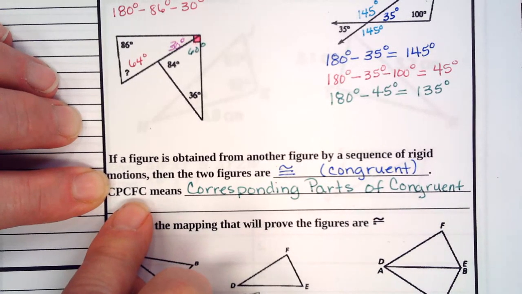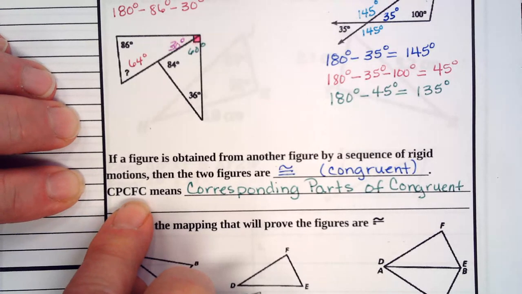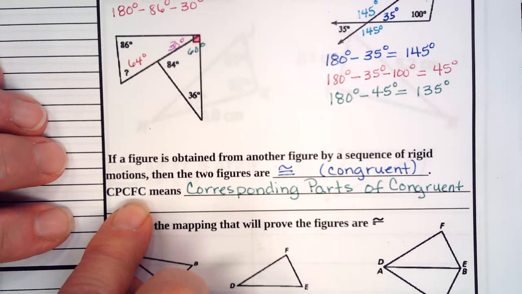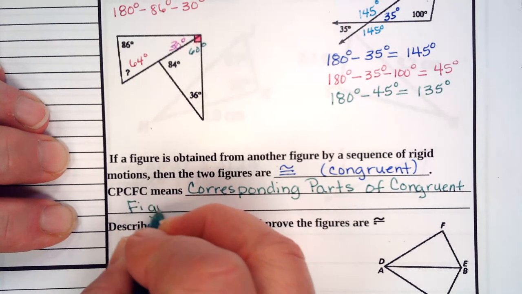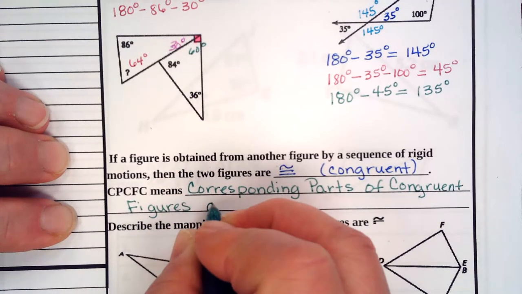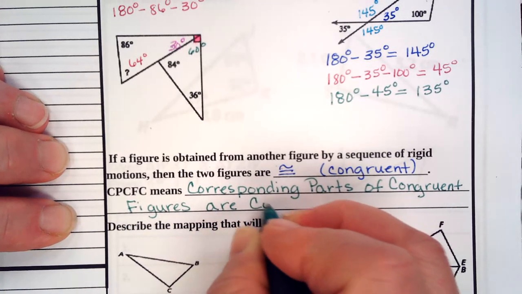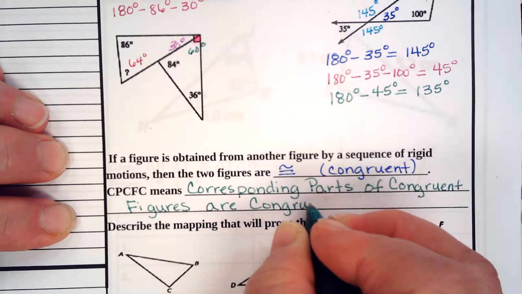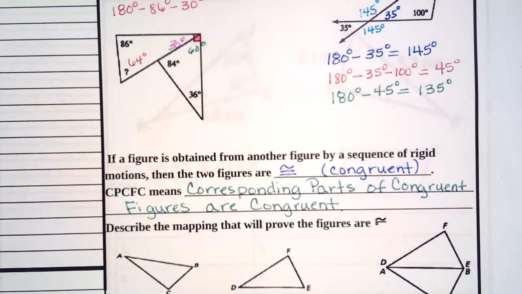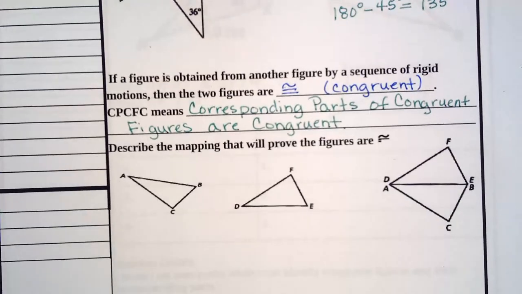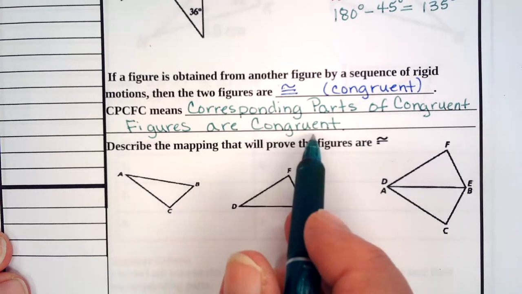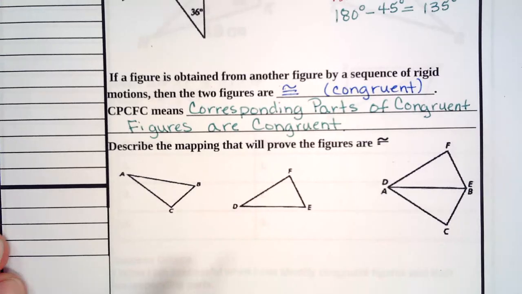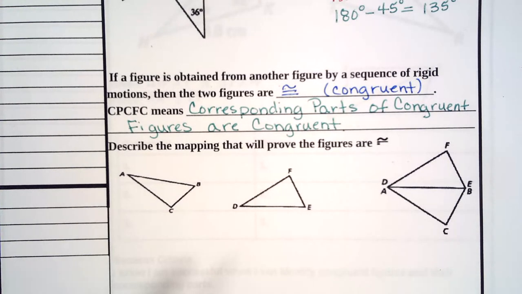What does the F stand for? If it was T, it would stand for triangles. F stands for figures. Are what? Congruent. Okay, so to shorten it up, because mathematicians hate to write, instead of writing all this out, we just write CPCFC.